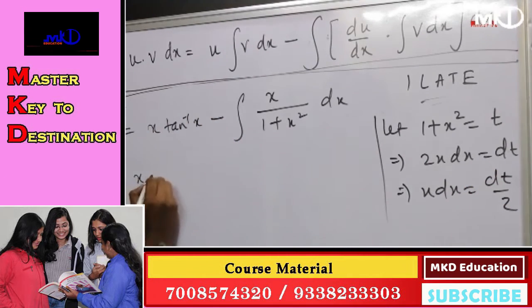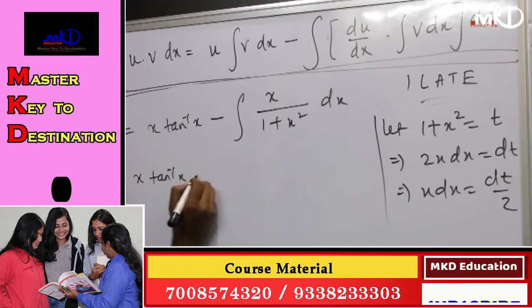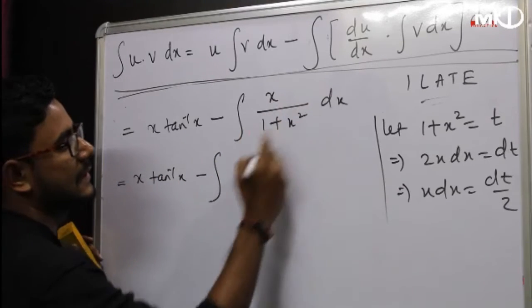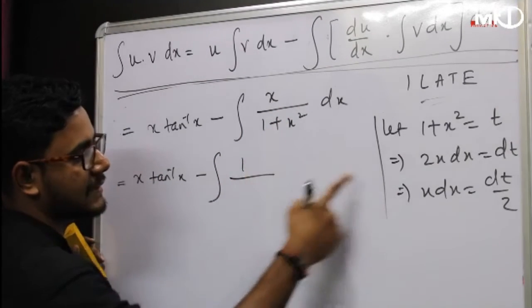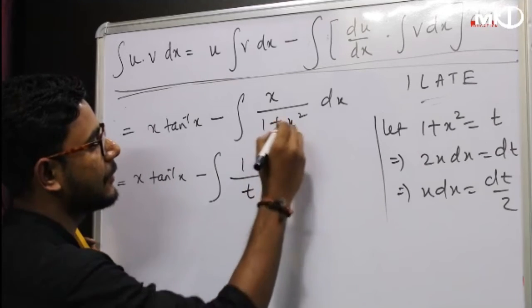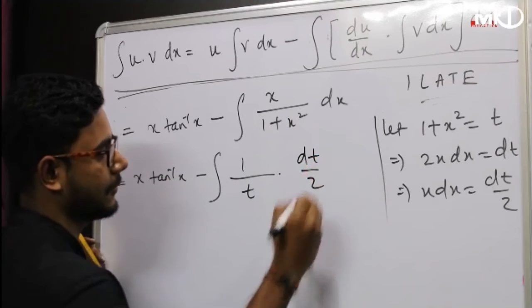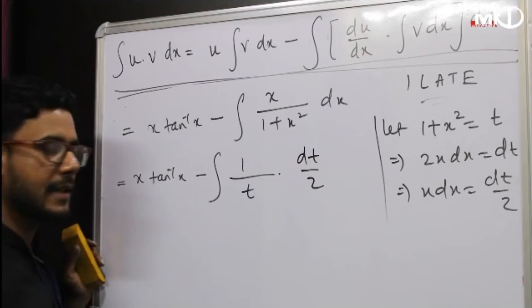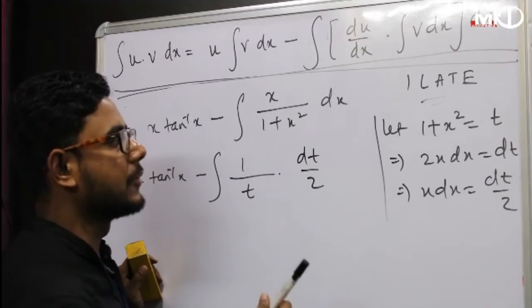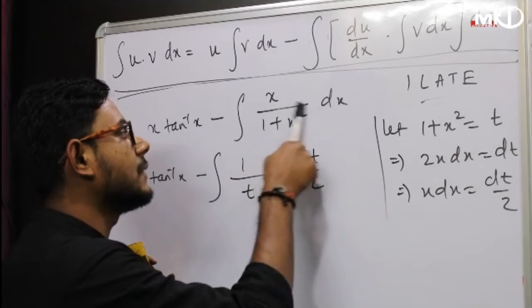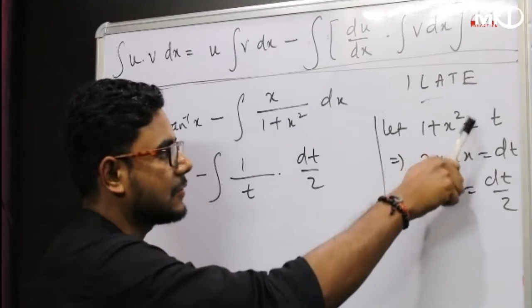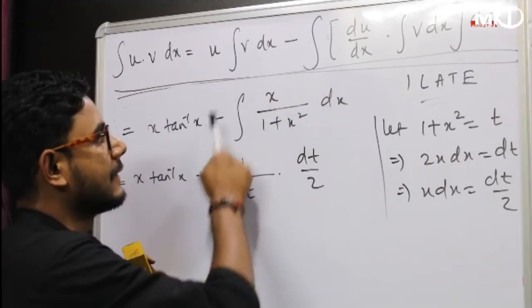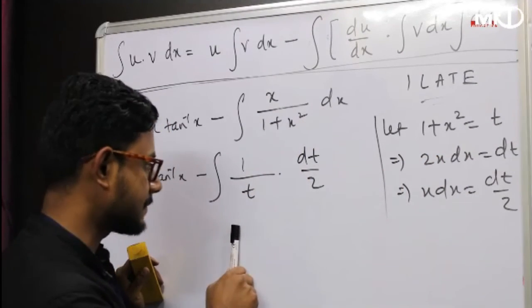So we can write this as x tan inverse x minus, since 1 plus x square is t, 1 by t into x dx, which will be dt by 2. Okay. So here we can see one thing. Now I replace 1 plus x square by another parameter t, so that this total integration will become a simpler form.